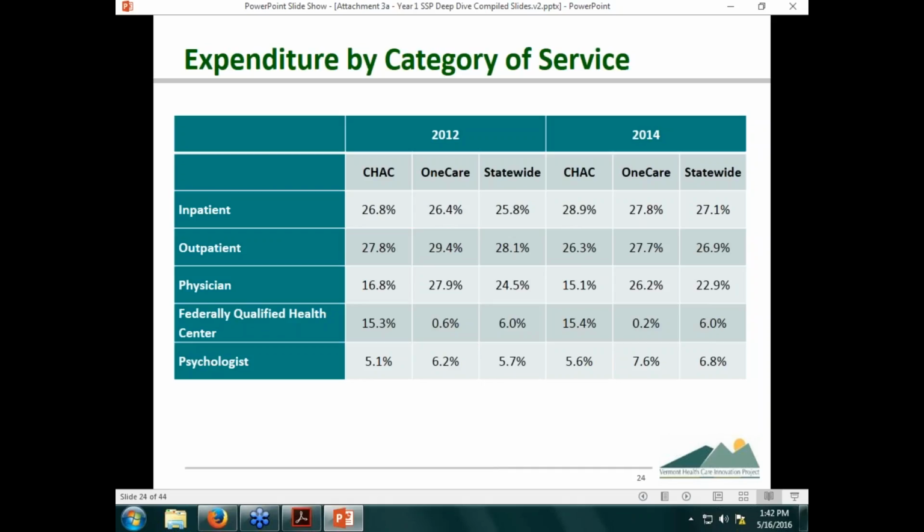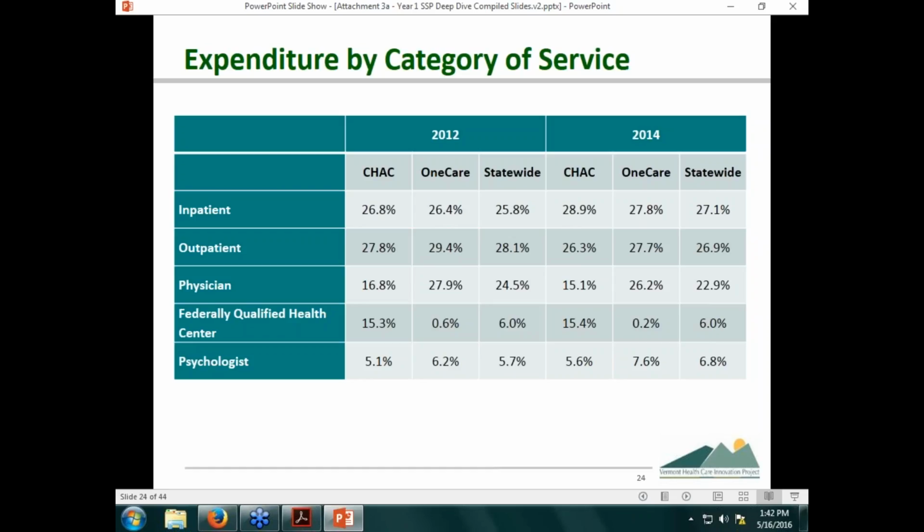This is really about 85 to 90% of expenditure for all 3 of these different groups in both years. You can see that generally we're seeing some decline in certain areas. We're seeing minor increases in other areas.